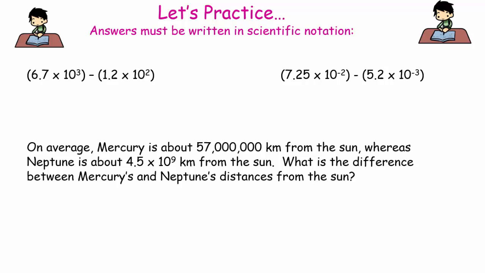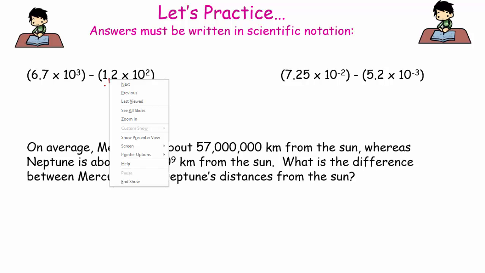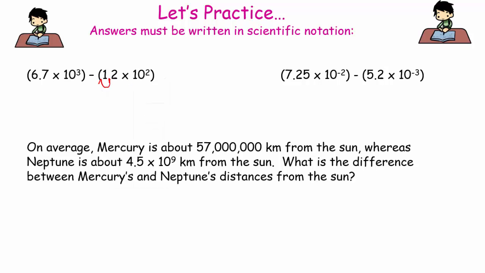It's easier to increase the power on the tens to have them match. We just find that's a little bit easier. So what I'm going to do is take what I'm subtracting off and move this decimal point 1 to the left, which means I'm going to add 1 to the 2.